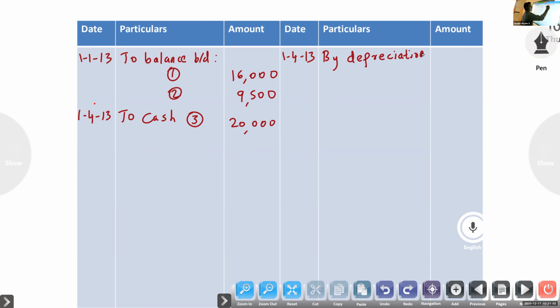By depreciation 1. The first machinery's one year depreciation is 2,000. How many months did we use it? January, February, March, 3 months, into 3 by 12. Is it correct? 1st January to 1st April we used that machinery. So 1,500.